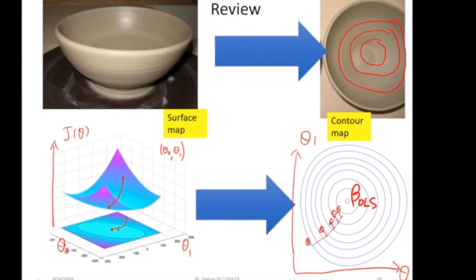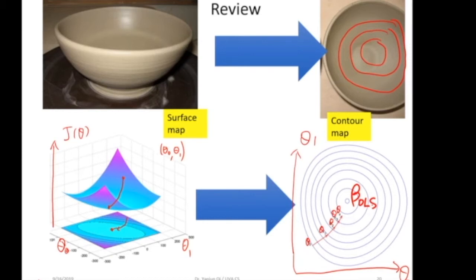That's exactly the training error versus the epoch you're trying to plot. The contour map is the movement of your theta vector, and the surface map is the change of the objective function.